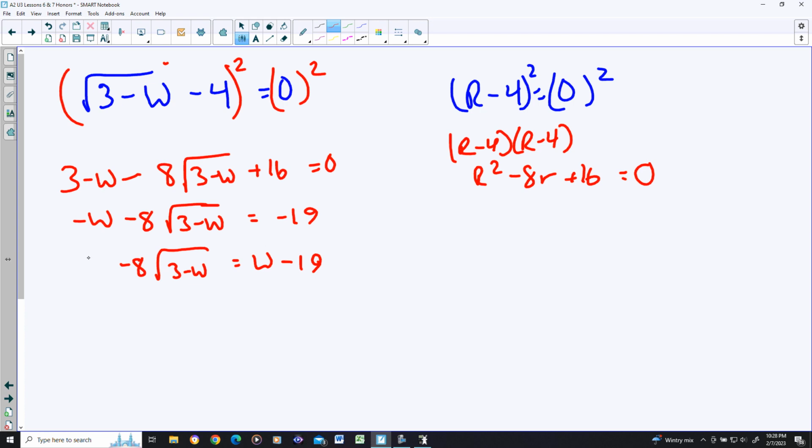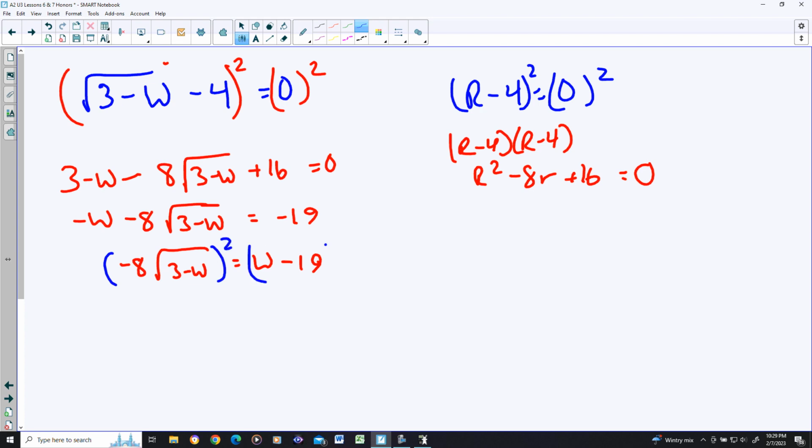Now, at this point, I could divide both sides by negative 8 to isolate the radical. But what that would do is leave me with a fraction mess over here. And I am going to have to square both sides. So rather than leave the fraction mess, I'm actually going to square it right now. Even though I've got a number that's not totally isolated, remember that in a multiplication problem, I can square both sides.